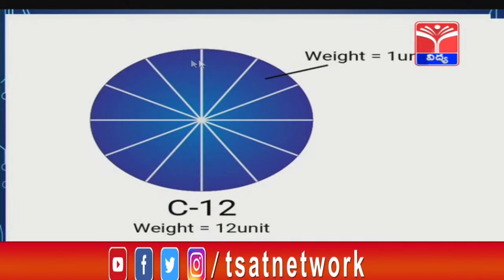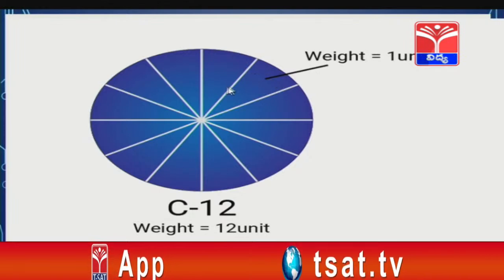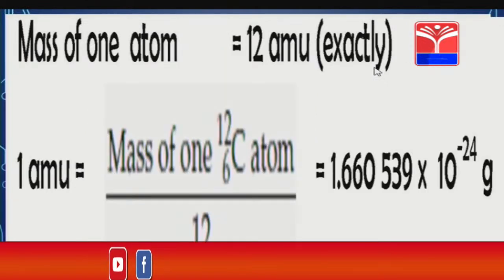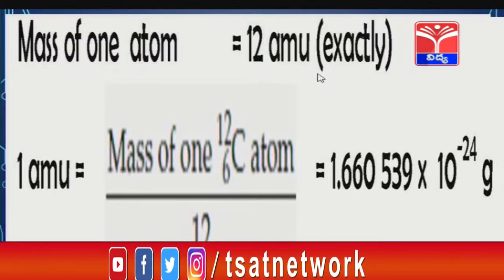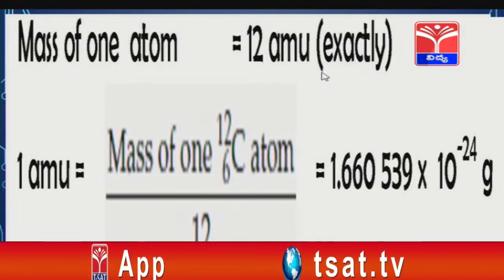Children, if you take one whole carbon atom and divide it into 12 pieces, then one piece, that is 1/12 of this carbon atom, is considered as one unit, one atomic mass unit. So, if the mass of an atom is 12 AMU, that means it is equal to 12 parts of the carbon-12 atom.